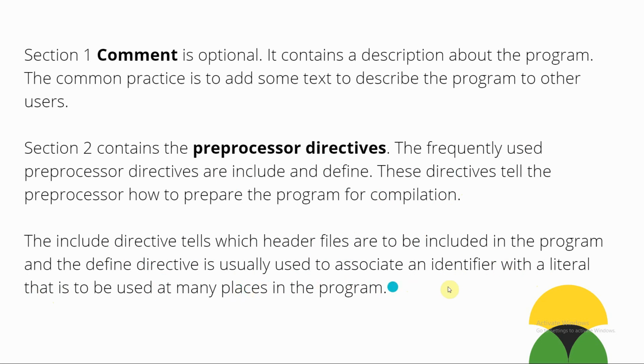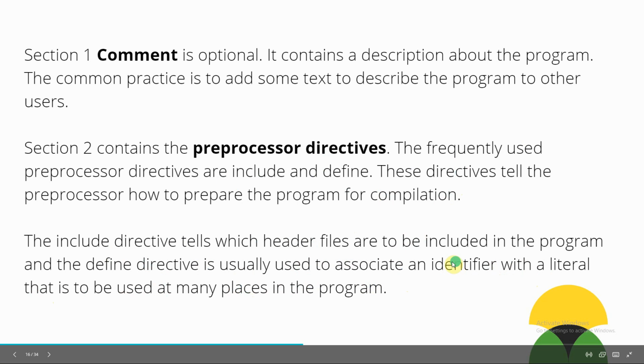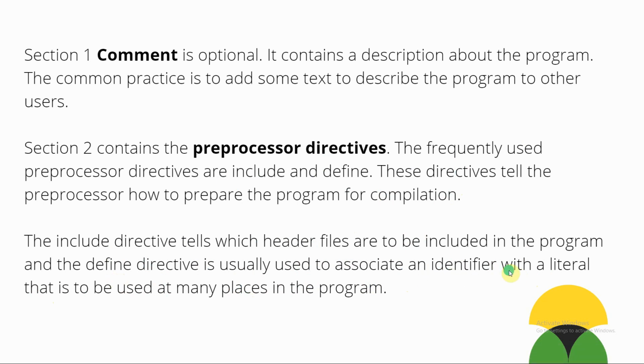So basically, the declarations should be added in this part. For example, in case this literal is to be used or mentioned again in a later part of the program, it is associated in this define directive.